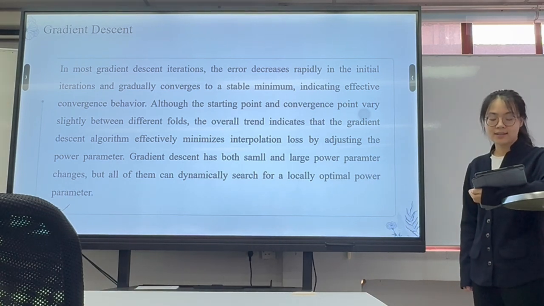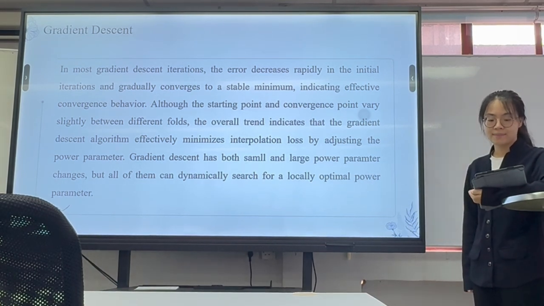Then let's focus on the process of gradient descent. In most gradient descent iterations, the error decreases rapidly in the initial iterations and generally converges to a stable minimum.